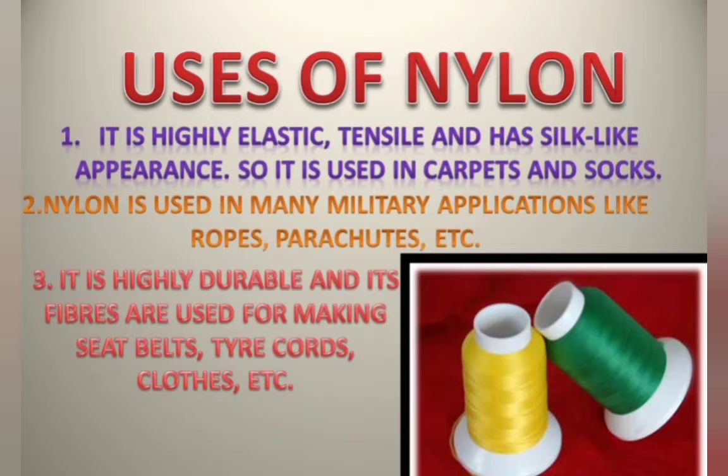So what are the uses of nylon? It is highly elastic, tensile and has silk-like appearance. So it is used in carpets and socks. Nylon is used in many military applications like ropes, parachutes, etc. It is highly durable and its fibers are used for making seat belts, tire cords, clothes, etc. So these are all about nylon fiber.